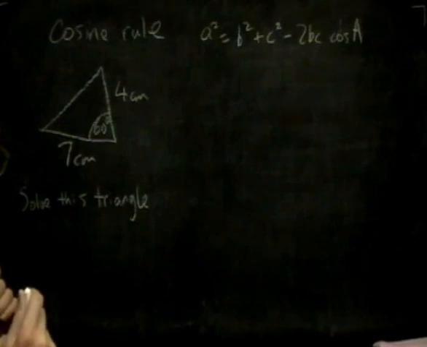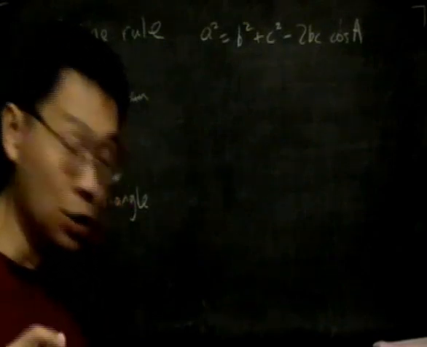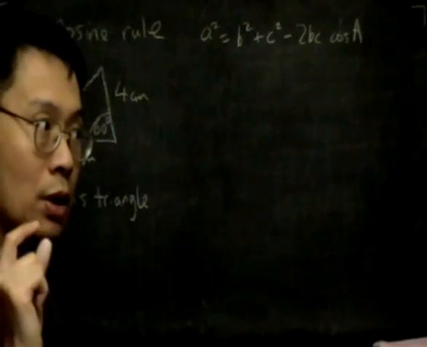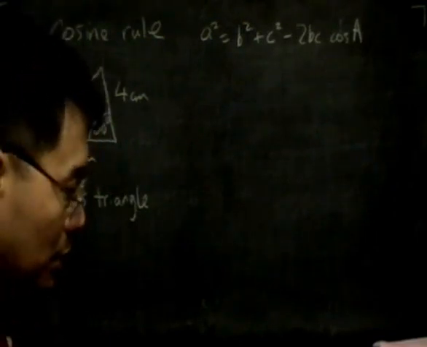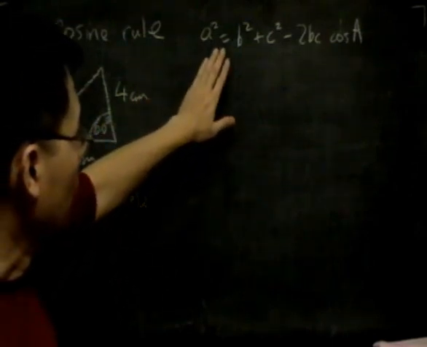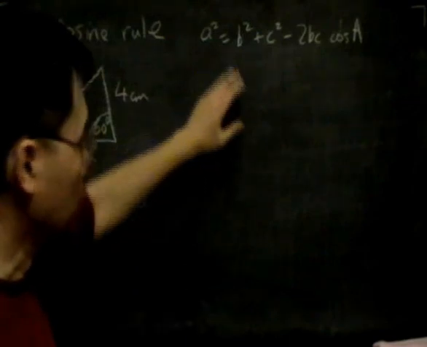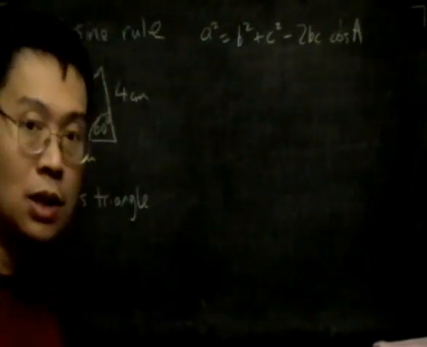So we have a choice. We have seen just now that we could use the sine rule to solve a triangle. By comparing the sine rule with this formula, you can see that the sine rule is obviously simpler.